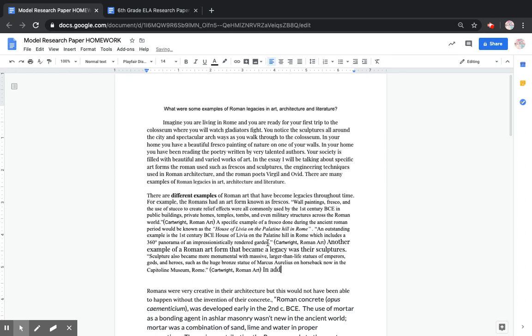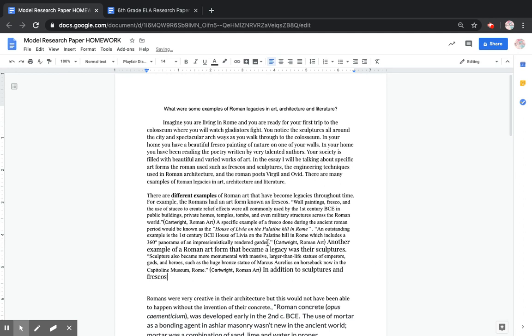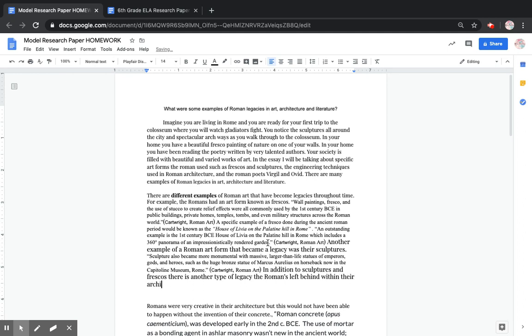So, in addition to sculptures and frescoes, there is another type of legacy the Romans left behind within their architecture.